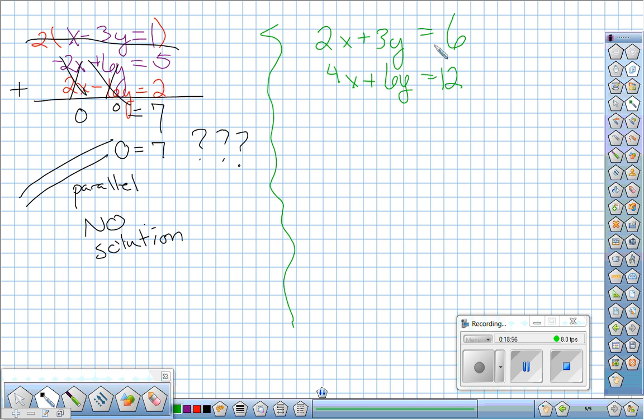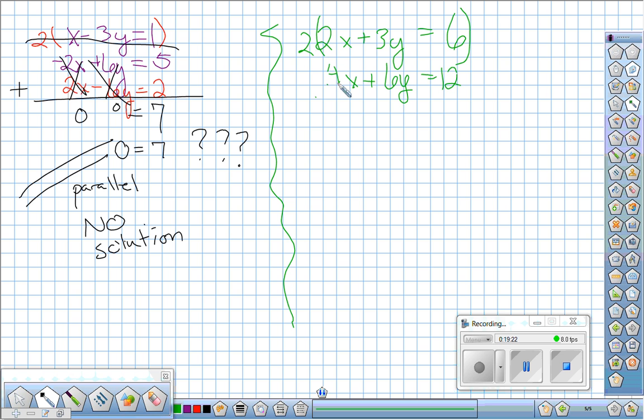If you don't like the order they gave it to you in, you can put either one on top or bottom, however you want. It doesn't matter whether I get rid of the x's or the y's. I'm going to multiply the top one by 2.